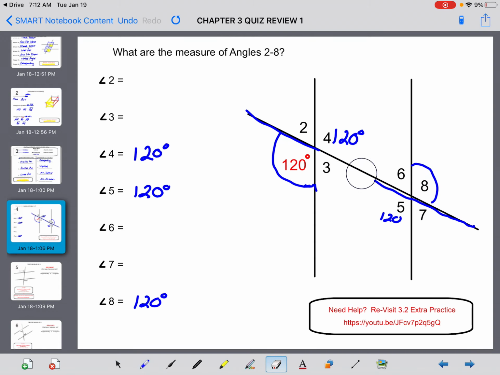Now, all of the rest of these, angle 120 and angle 2 create a straight line, okay? Which means angle 2 is 180 minus 120, which is 60 degrees.